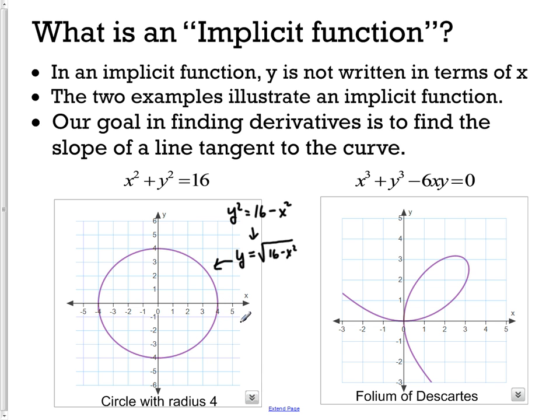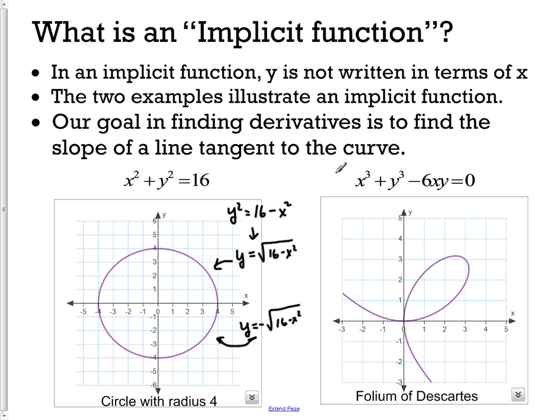But we could also say that y was equal to the negative root of 16 minus x squared, and then we could go through and try and find the derivative of it that way. We would probably end up using the chain rule in order to do this and find our expression. So it is possible with some implicitly written functions just to rewrite them as explicit functions and try and figure it out that way.